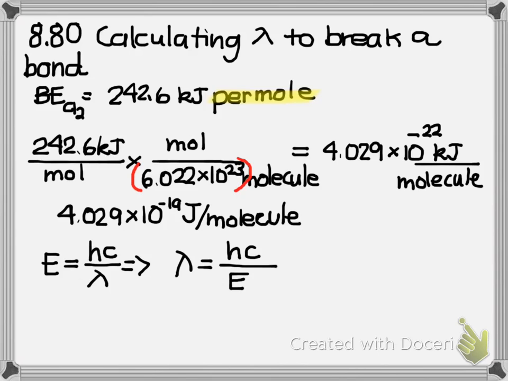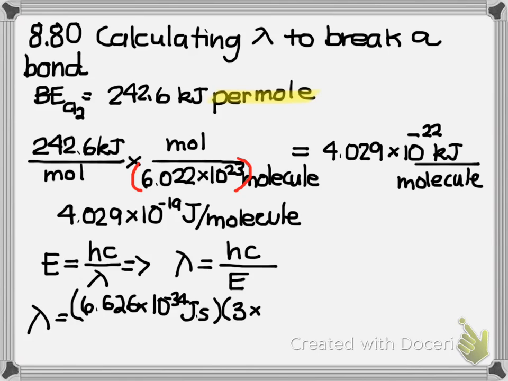Wavelength equals Planck's constant, 6.626 times 10 to the negative 34 joules times seconds, times the speed of light, divided by the energy that I calculated up above.